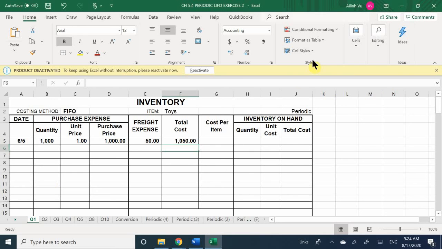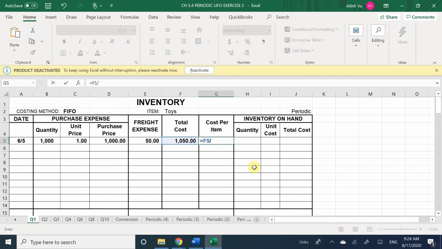Now, do we need to solve for cost per item? First in, first out, yes. Good. And what did you get from here? $1.05 to sell each item. Okay, good.